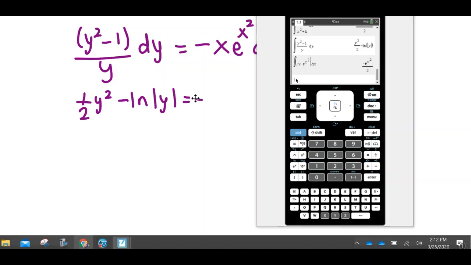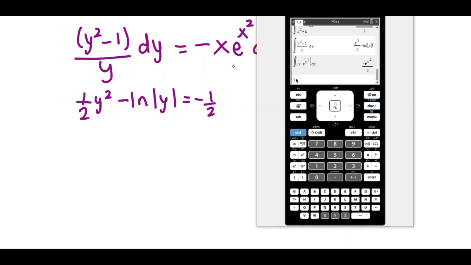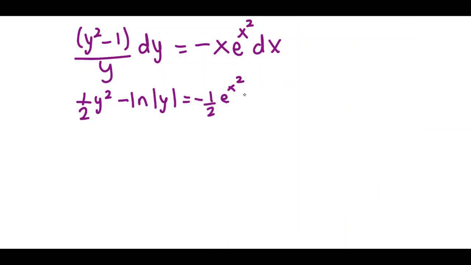And we get negative 1/2 e to the x squared, and don't forget your plus c at the end.